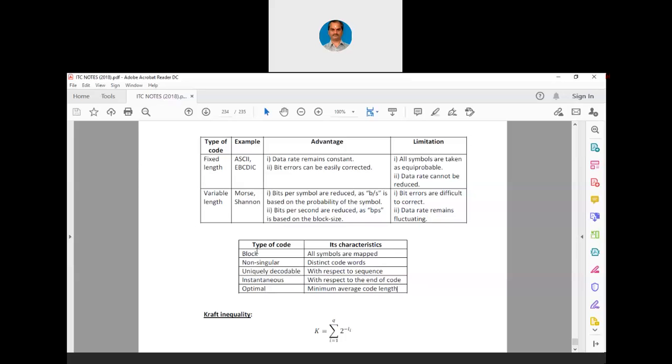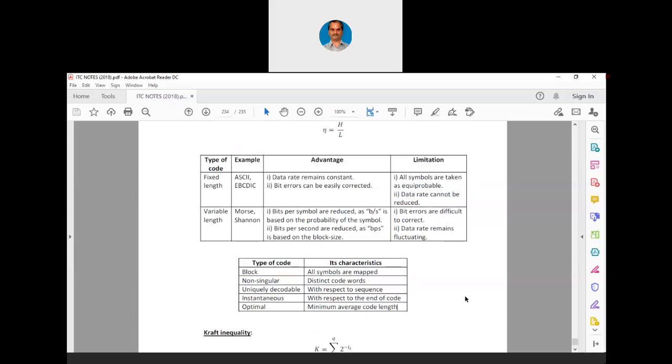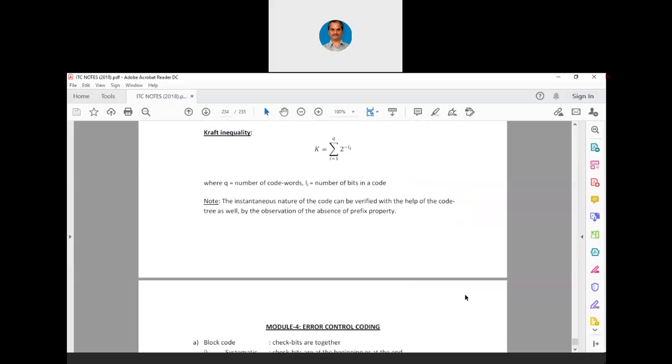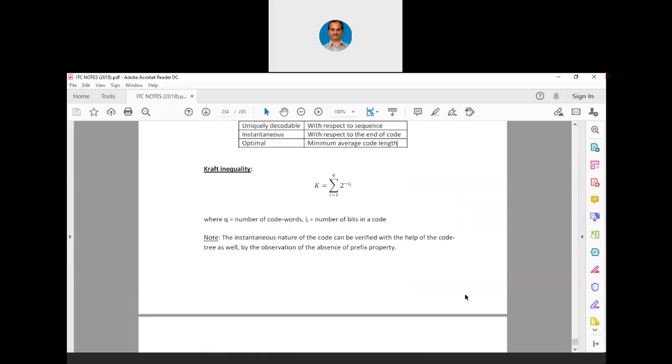And in our earlier theory classes, we had seen an example for all these types of codes. We are interested only in instantaneous and optimal codes at the receiver because we are using variable length coding. For helping us in such encoding, we had an expression called Kraft inequality. You can see that on the screen now.